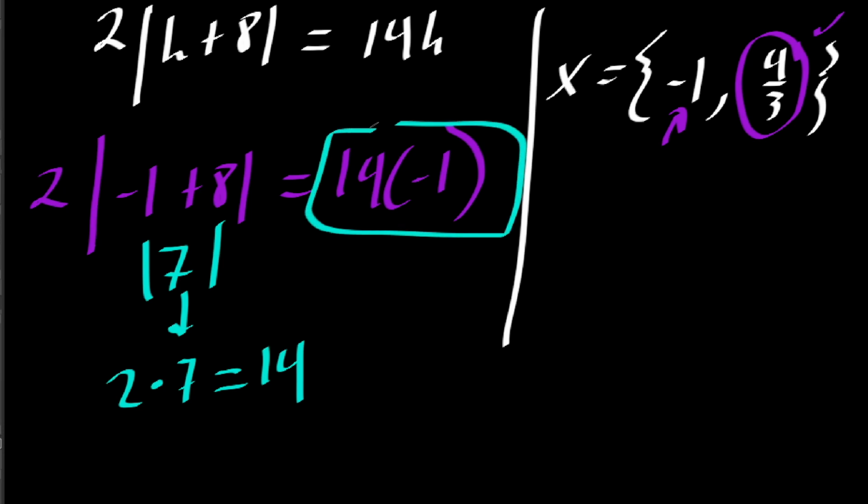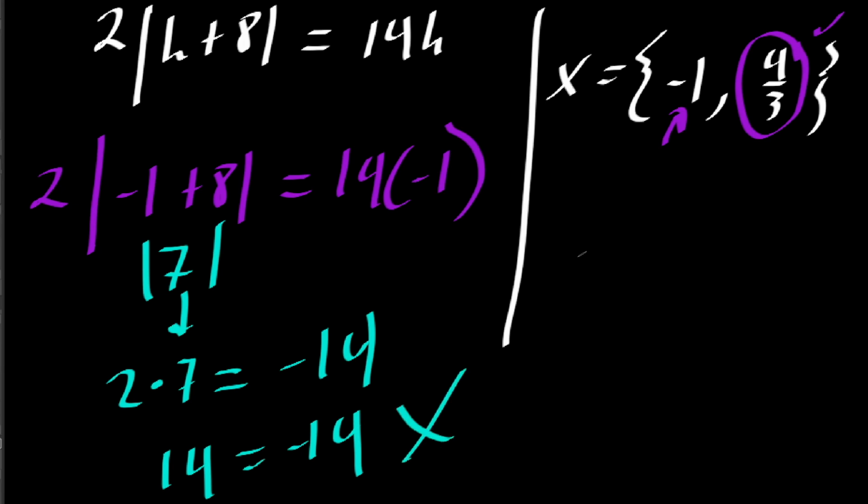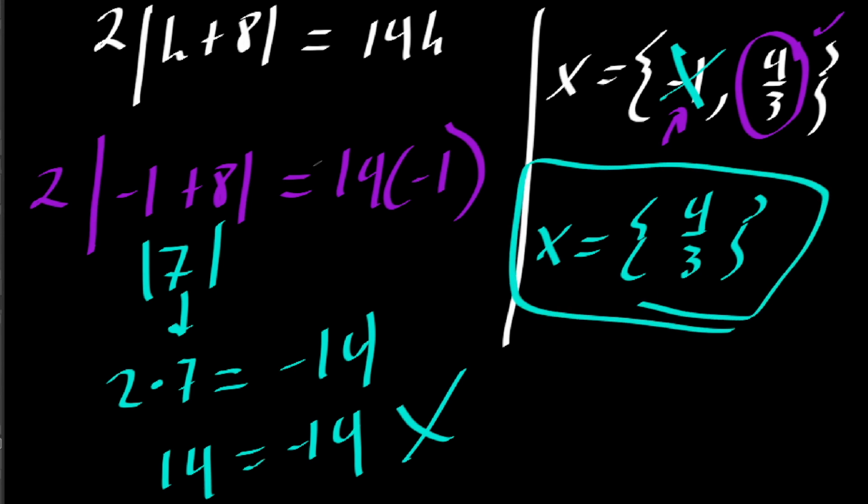But what's 14 times negative 1? That's negative 14. So this is like saying 14 equals negative 14, and that's not true, which means negative 1 is extraneous. So the answer is actually just 4 over 3. All right, so there's an example of extraneous.